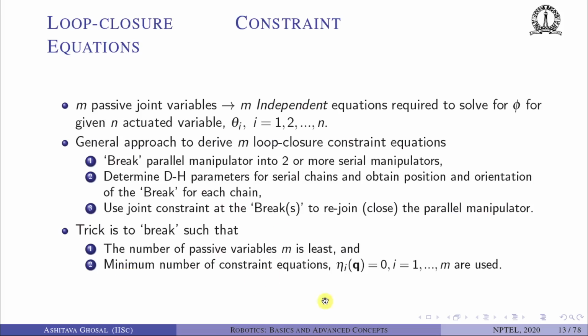The minimum number of constraint equations n_i(q) = 0, i equals 1 through m, are to be used. This is a standard thing. I don't want to break in a way such that I get many passive variables, if I can get by with a lesser number of passive variables.